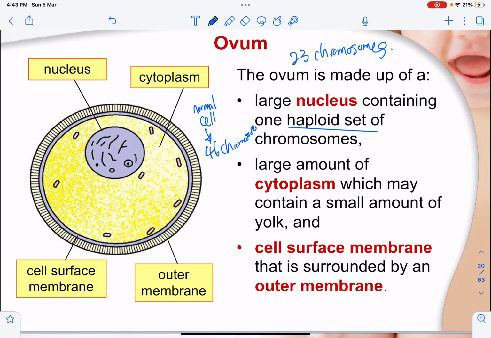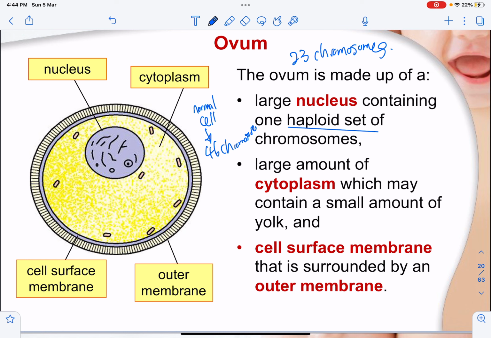If the ovum actually contained 46 chromosomes and it fused with a healthy sperm at 23 chromosomes, the new cell would generally have 69 chromosomes, and that is very abnormal already, and it can lead to medical conditions like, let's say, Down syndrome, which is not what we want here. So there's one thing to take note of.